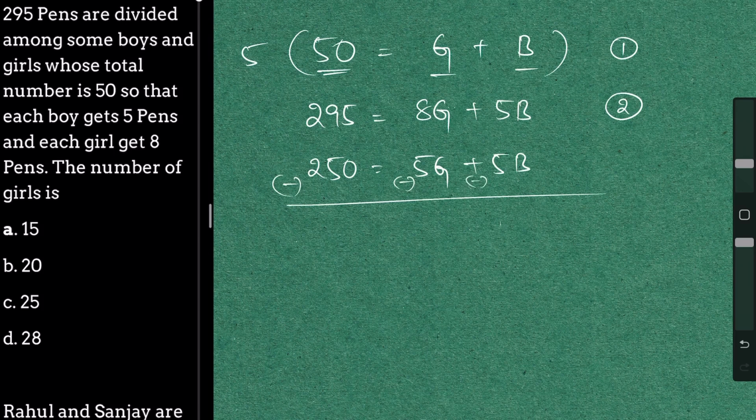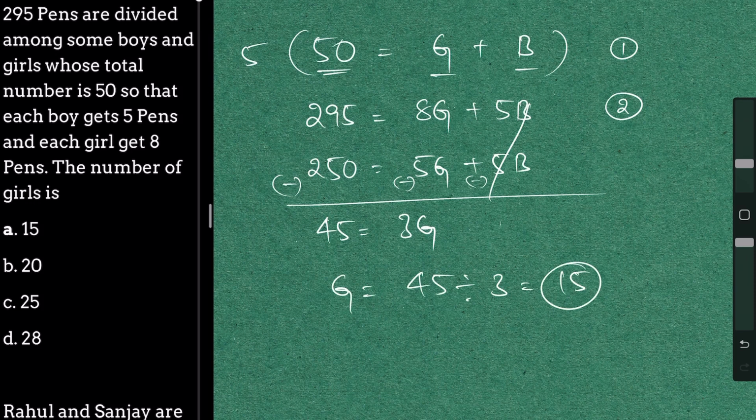So 295 minus 50 would be 45. 8G minus 5G would be 3G, and 5B minus 5B gets cancelled. So now we have 45 equals 3G. So G would be 45 divided by 3, which will be 15.